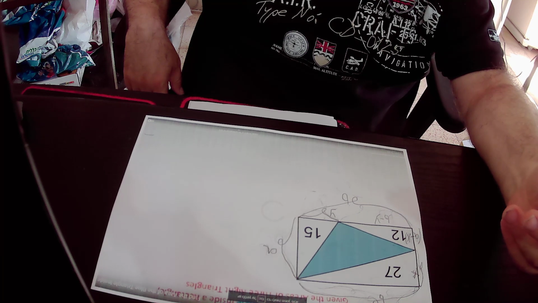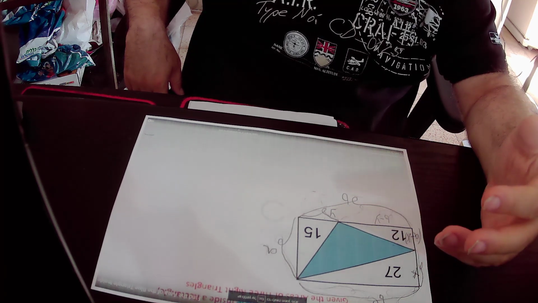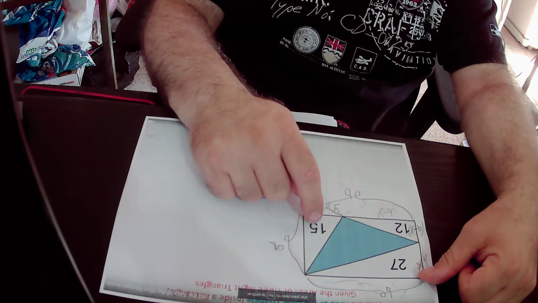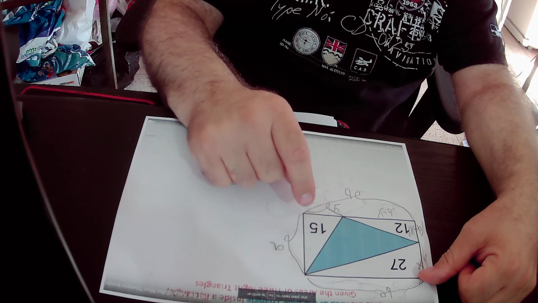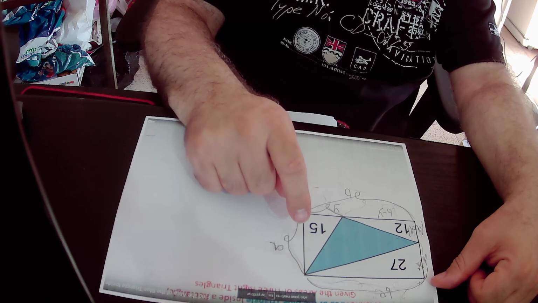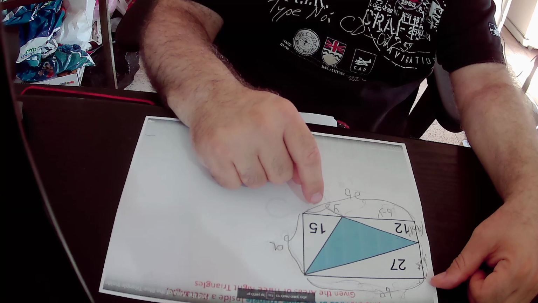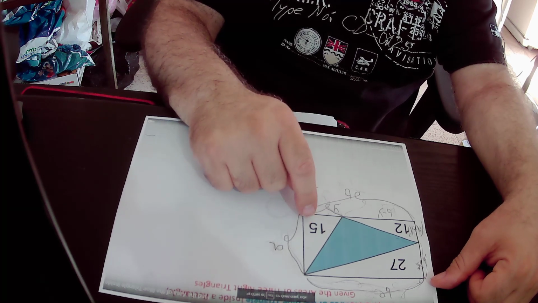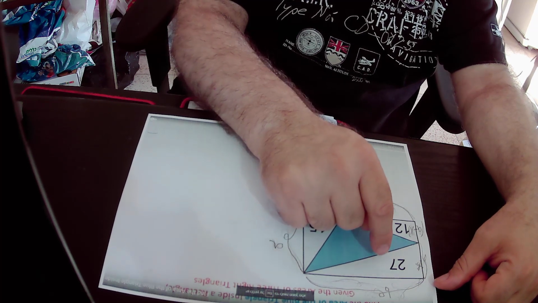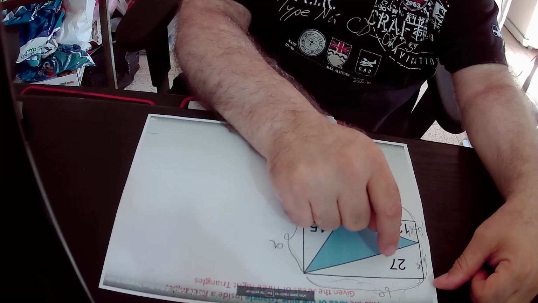The first equation is the formula for the area of this triangle, the base times the height divided by 2, and it is A times y divided by 2 equals 15. The second equation, for the area of this triangle, is B times x divided by 2 equals 27.